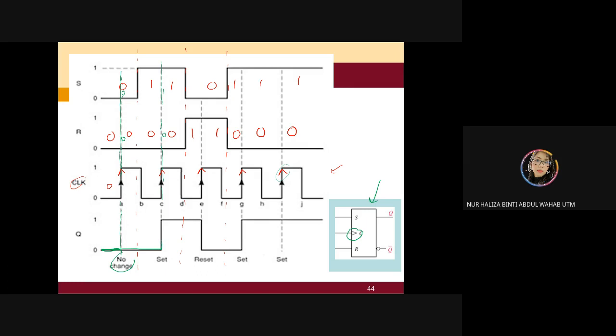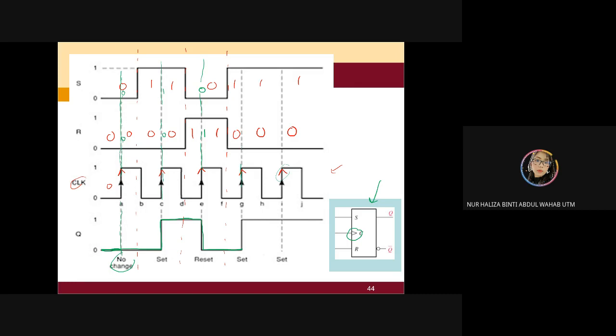So you go for a 1 and continue until you meet the next positive clock. At this side, my value is 0 and 1. 0 and 1 is going to reset, means 0. So I'm going to go down and continue until I meet the next positive clock.